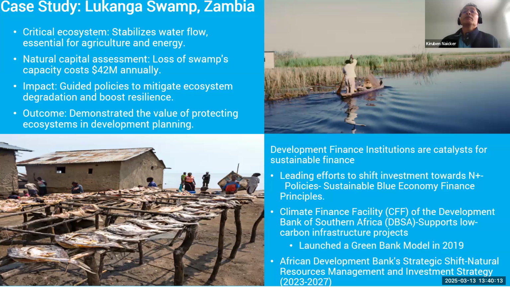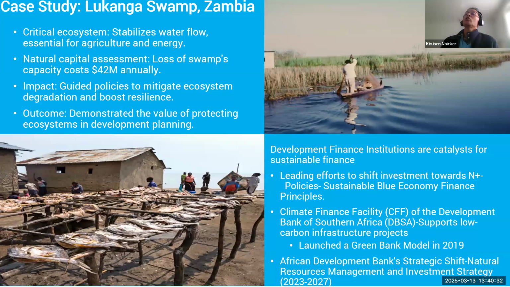For example, the Sustainable Blue Economy finance principles. There's the Climate Finance Facility of the Development Bank of Southern Africa, the DBSA, which supports low-carbon infrastructure projects. They also launched a green bank model in 2019.